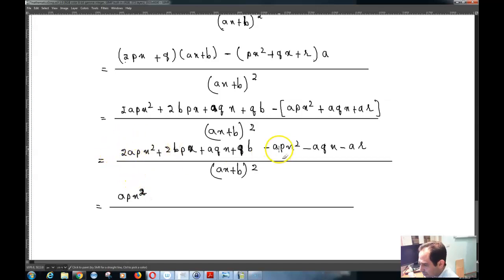Then 2bpx, and negative aqx and aqx cancel out, plus qb minus ar, over ax plus b whole squared.